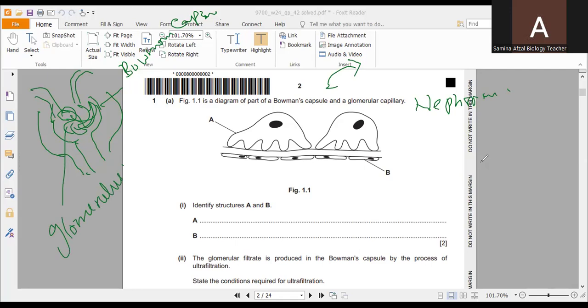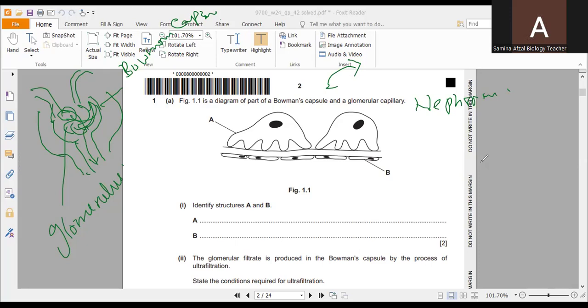As the blood enters into the glomerulus, fine filtration takes place, and then the filtrate is moved towards the second part of this nephron. So this diagram shows part of the Bowman capsule and glomerular capillary.